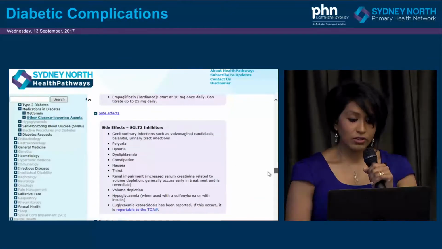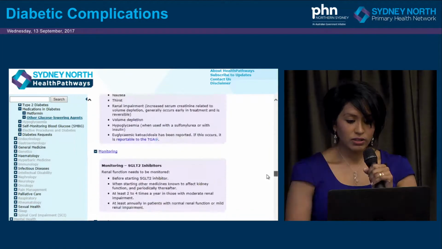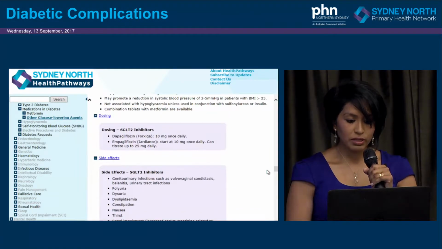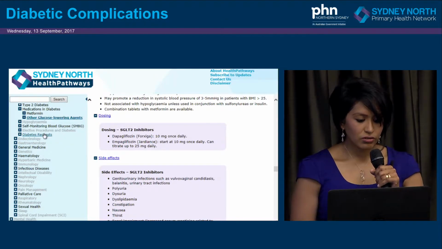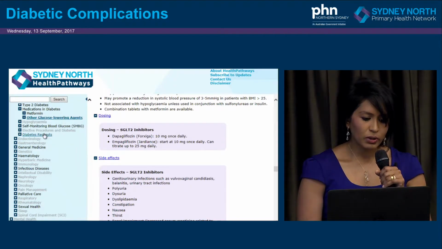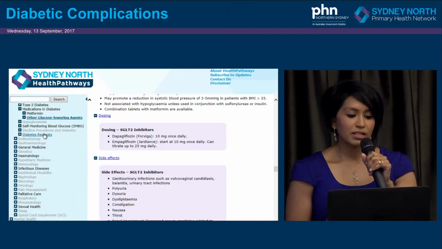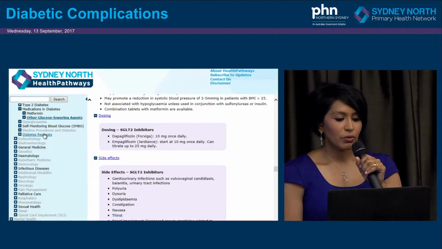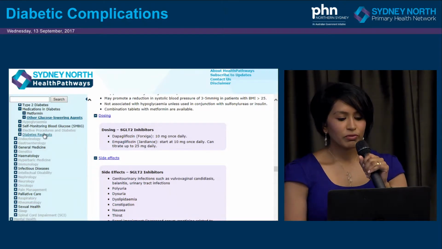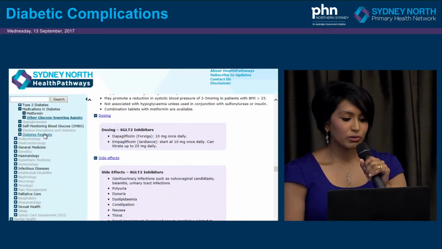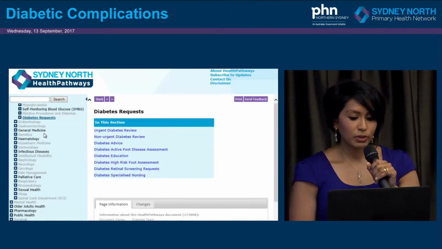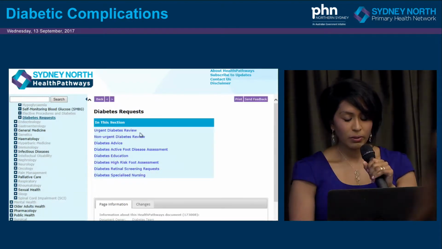Or you can not expand it and just pick whichever drug group you want to go to, for example here, SGLT2 inhibitors. I just want to draw your attention to what they call diabetes requests. That's the terminology that was used with the original Canterbury HealthPathways. Even though we would prefer a terminology like referrals, diabetes requests basically means your referral pathways.